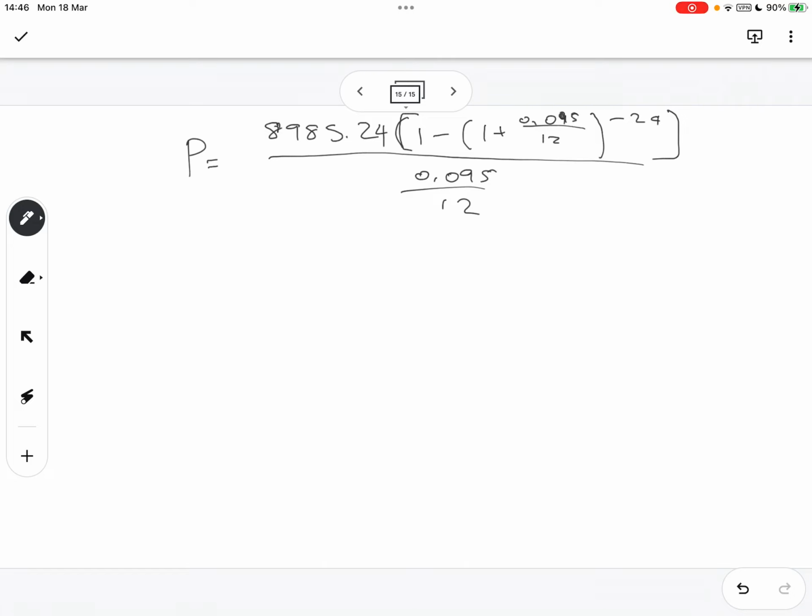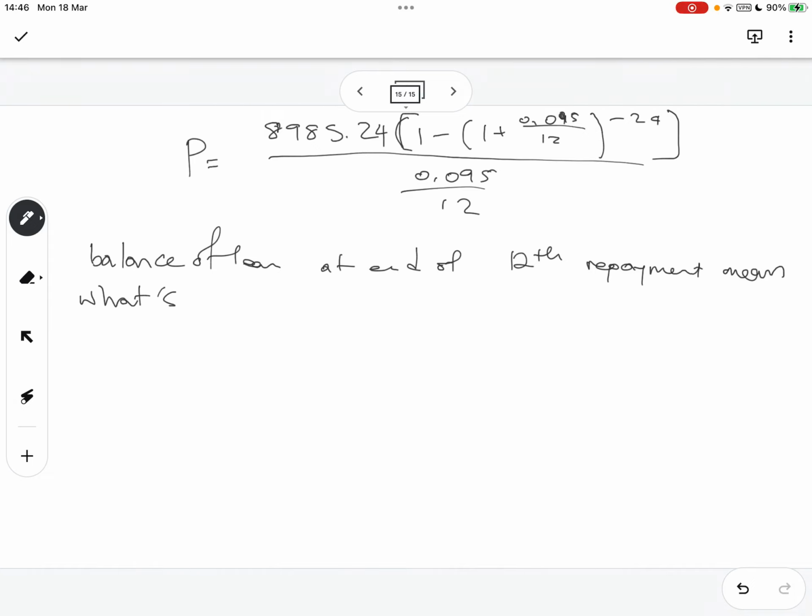In other words, after paying for the first 12 months, what's remaining to pay. So the balance of the loan at the end of the 12th repayment means what's left to pay over 24 months.